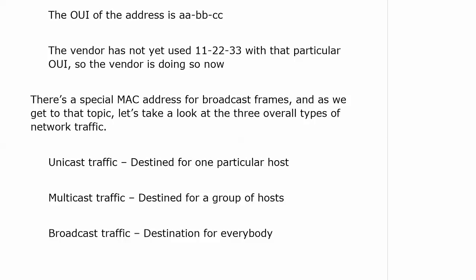We want everybody to get a broadcast, just like a radio broadcast. We're just going to send this big old signal out, and we want everybody to get it. Well, that's pretty broad, no pun intended, but that's a lot. So maybe we have a group of people we want to get it, or a group of hosts. That's where the multicast comes in, because we needed a middle ground between broadcast, which is just sent out there for anybody to listen to, and unicast, which is destined for one particular host.